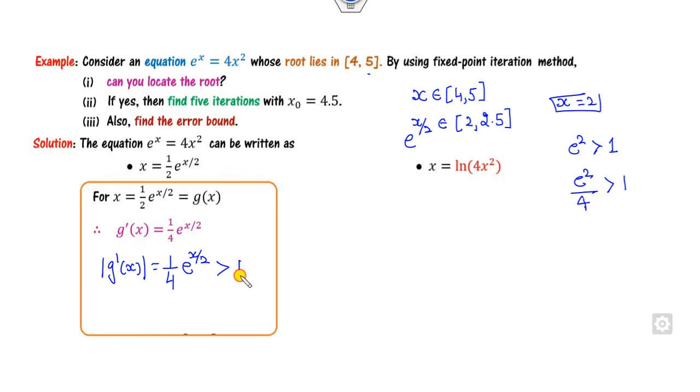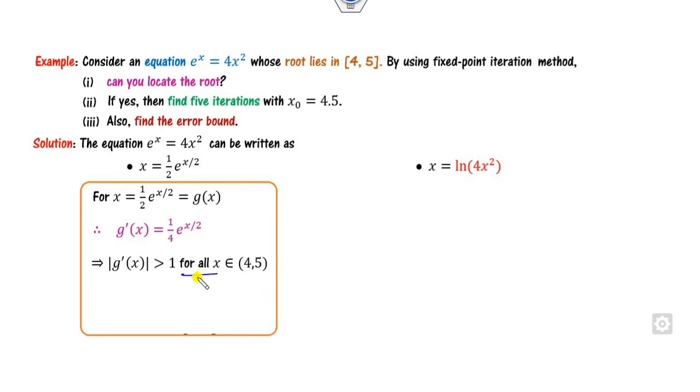So this number is greater than 1 for all x in here. What is the meaning of that? It is not convergent. If it is not convergent, then the fixed point iteration method is not applicable. So you are unable to locate the root of the equation. The fixed point iteration fails to converge to the root in this case.